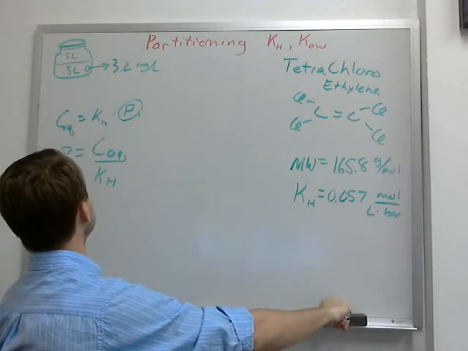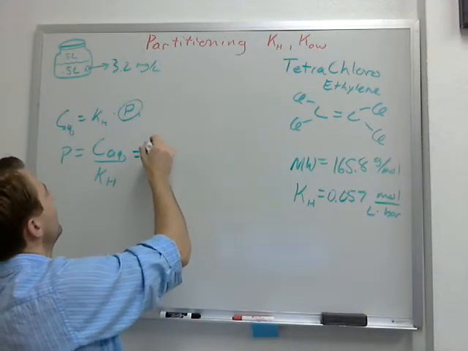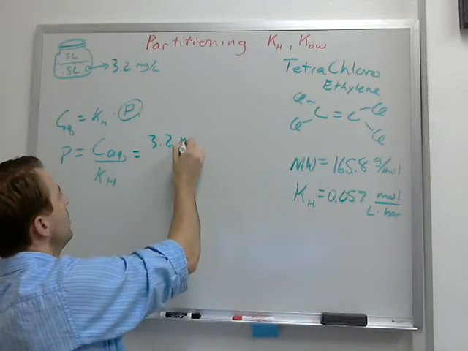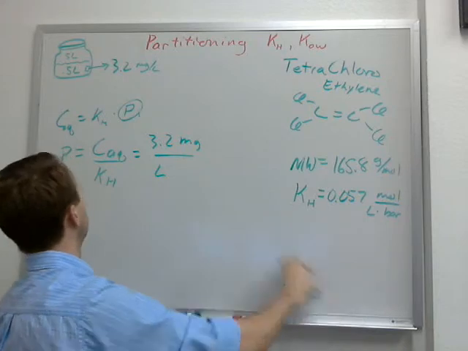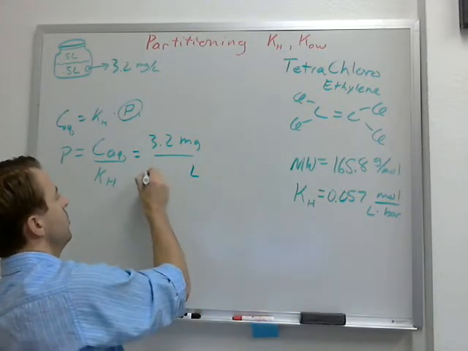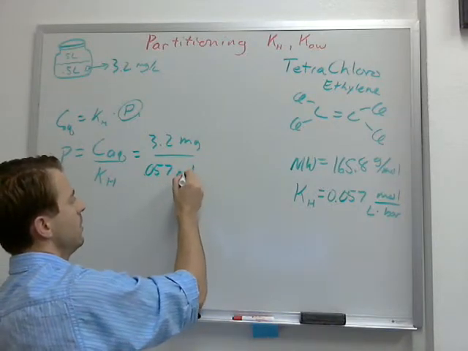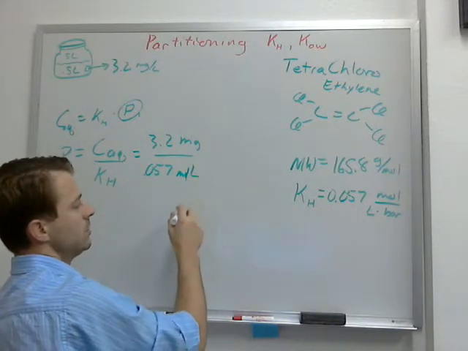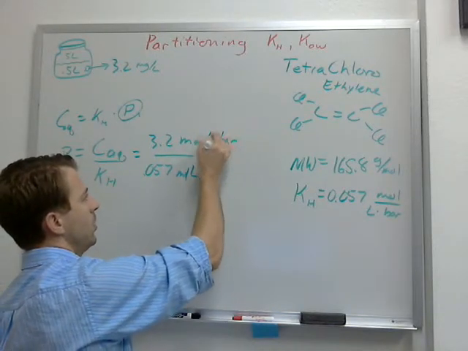So let's start off by just plugging in. We have 3.2 milligrams per liter. And then we have 0.057 moles per liter bar.